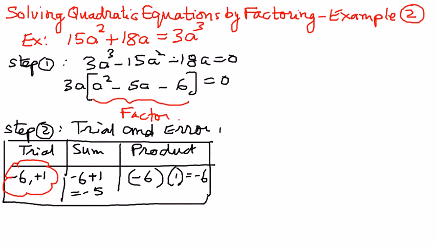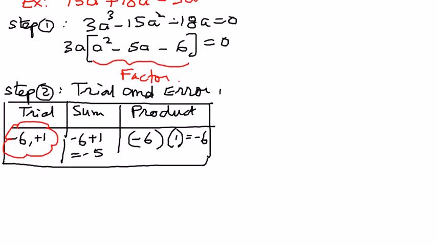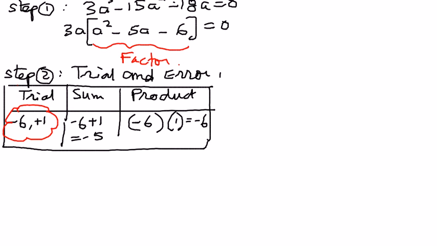We will use these two numbers to expand the middle term, and therefore as step number 3, this is what we have. 3a is outside of the brackets, and a squared is inside the brackets.